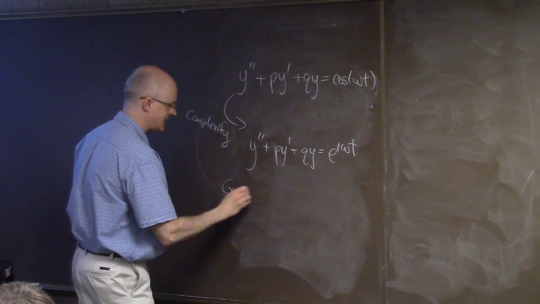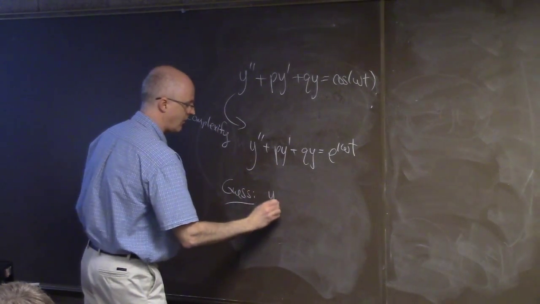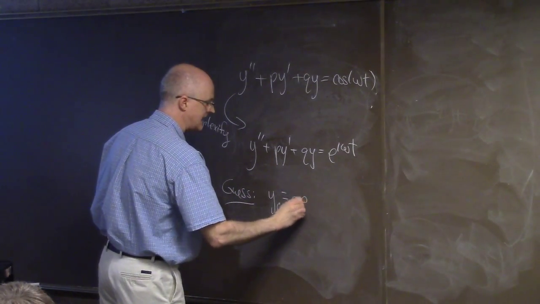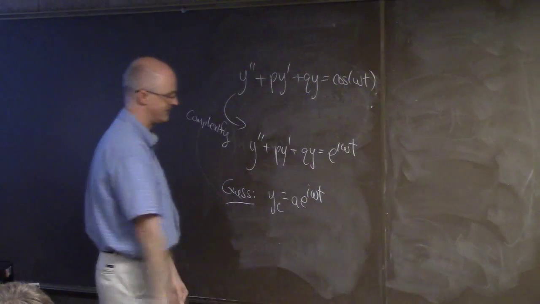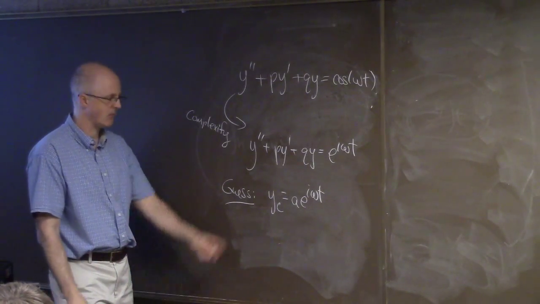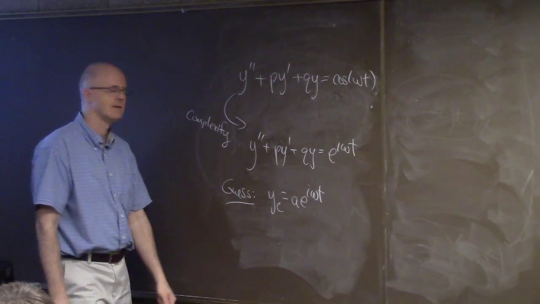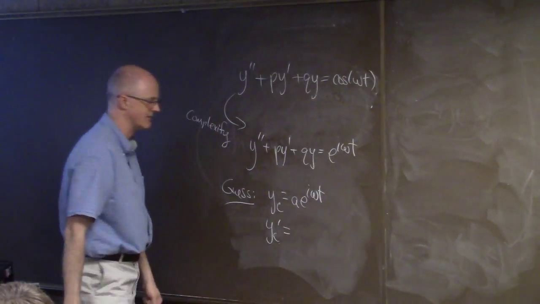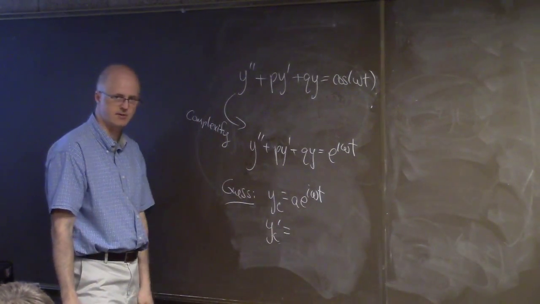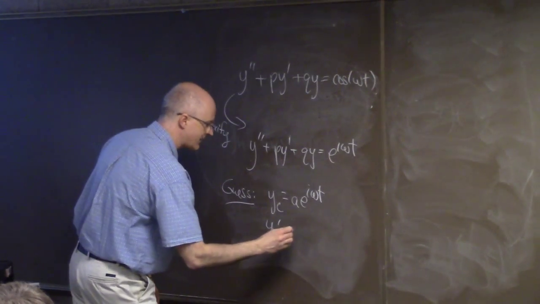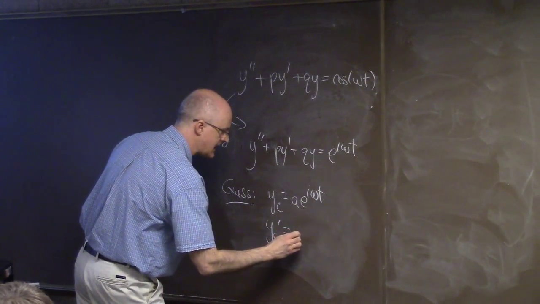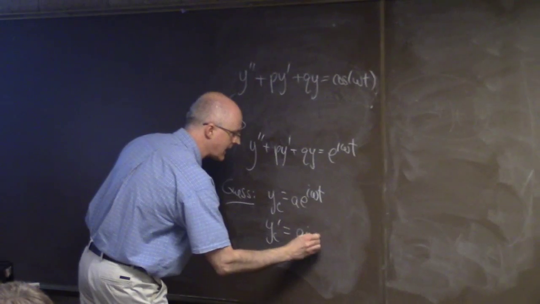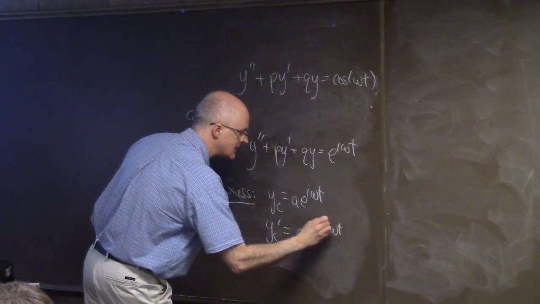Guess YC equals A e to the I omega t. It's going to be more complicated now. Because P is greater than 0, you're going to have to think about including the first derivative of this in there. Differentiate. The first derivative is going to be A I omega e to the I omega t.